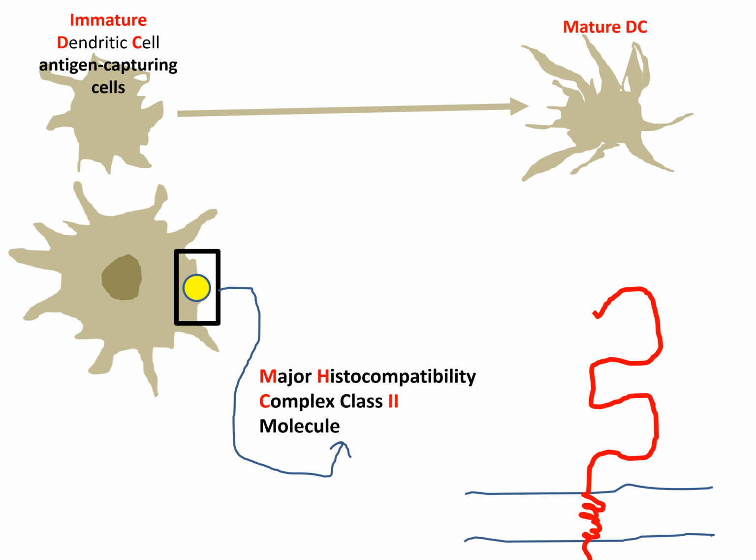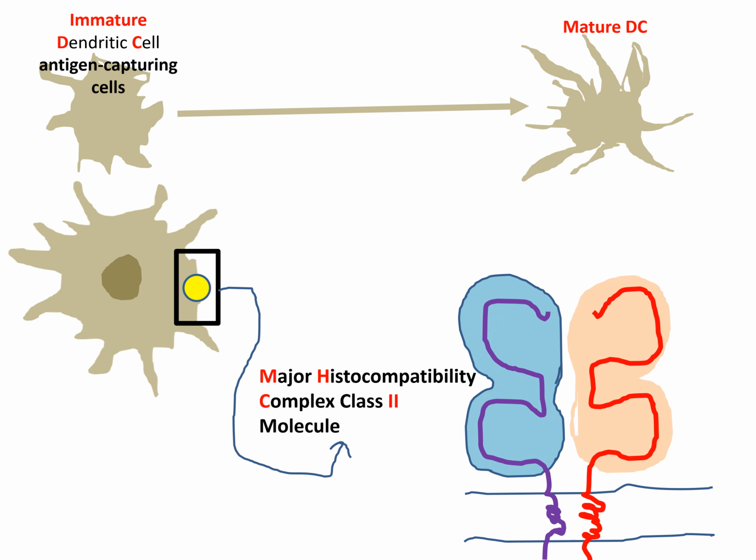So it is composed of two subunits. They are spanning the cell membrane. We have the beta and the alpha subunits. Here we have the disulfide bond, as you can see. And here the beta 1 and the alpha 1 are the site where we have the peptide binding cleft.